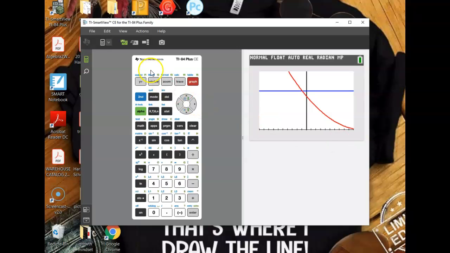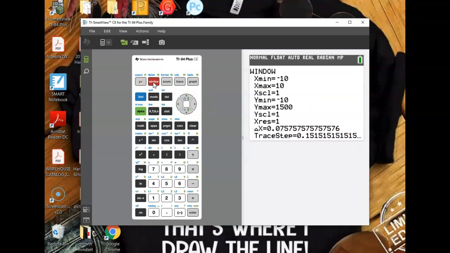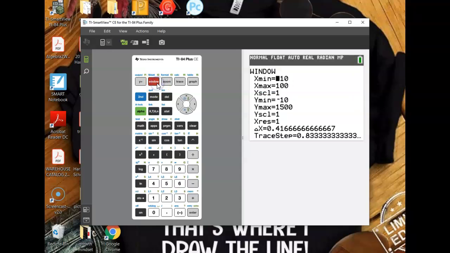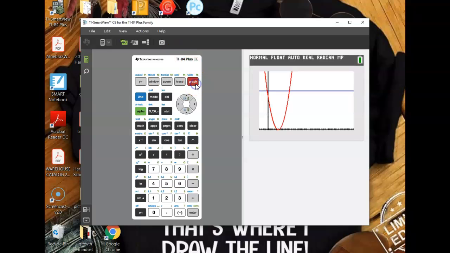What do I need to do to increase that then? X max. I'm going to put 100. Is that far enough? Looky there. So my window is negative 10 to 100 and negative 10 to 1,500. You don't have to have that exactly, but can you at least see the intersection points, whatever window you're using?